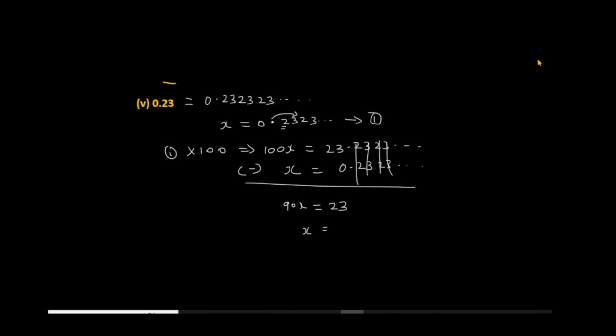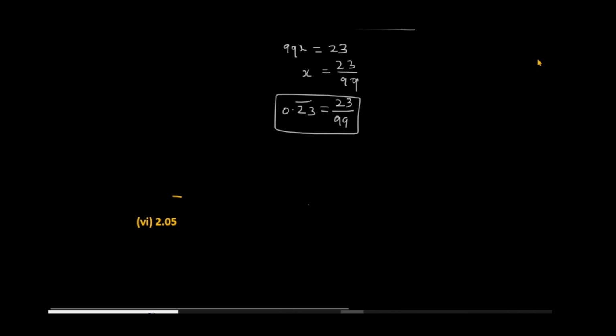So x is equal to 23 by 99, which is in the lowest form. So the p by q form of 0.23 bar is nothing but 23 by 99.